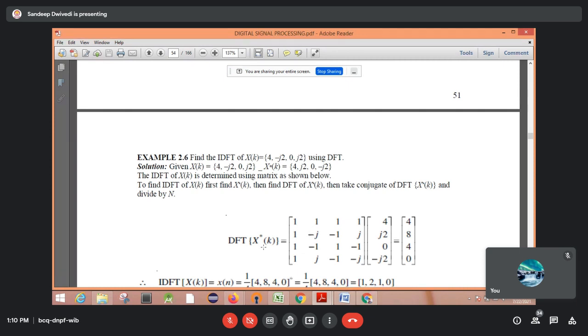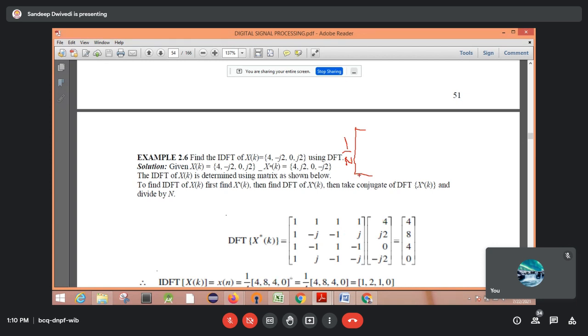So here to find this IDFT, what you need to do is multiply by 1 by n. This sequence will be something like this. You need to multiply by 1 by n. They have adjusted it in the answer here.